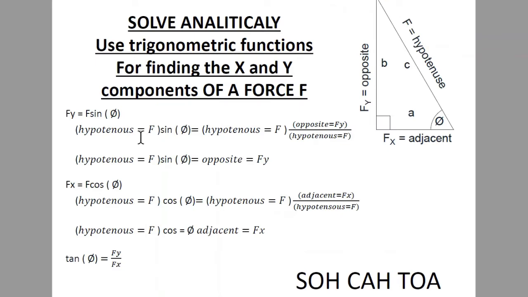We can then derive Fy is equal to the force times the sine of theta, Fx is equal to F times the cosine of theta, and the tangent of theta would be equal to the vertical side divided by the horizontal side, or Fy divided by Fx.